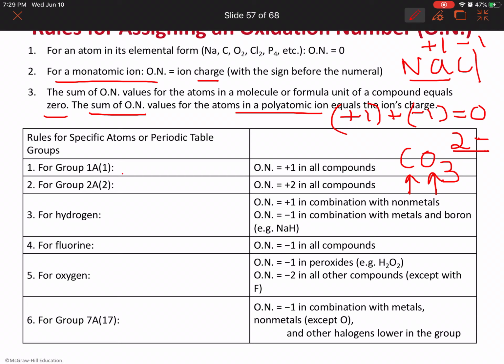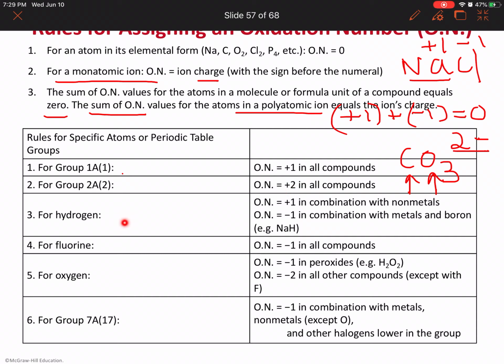Normally for group 1A, which is group 1, your lithium, sodium, potassium, their oxidation number is +1 in all the compounds. For group 2A, oxidation number is +2. In group 2, you find beryllium, magnesium, calcium, strontium, barium, radium. They are all going to be +2.